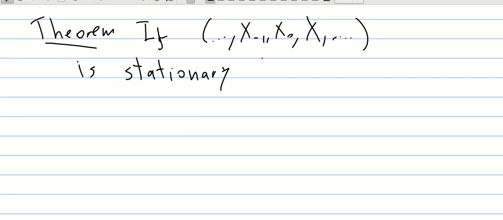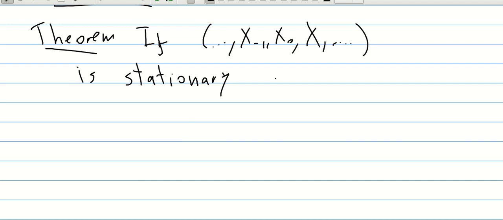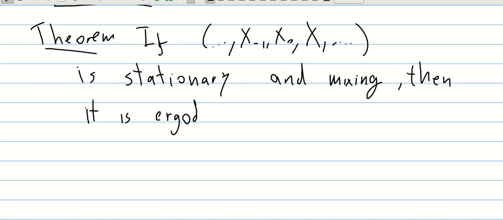We define this meaning that if you apply the shift, it's invariant with respect to the shift, and mixes, then it's ergodic. So here I'm using a different notation. I'm saying that the sequence is ergodic, meaning of course that the distribution that this sequence has on S to the Z is ergodic or mixing.